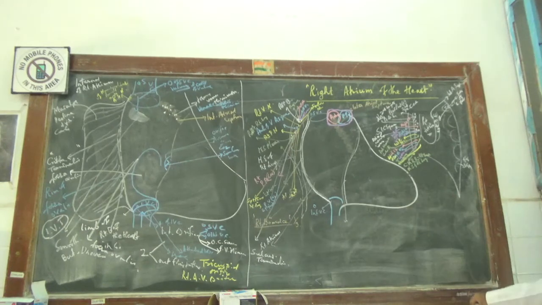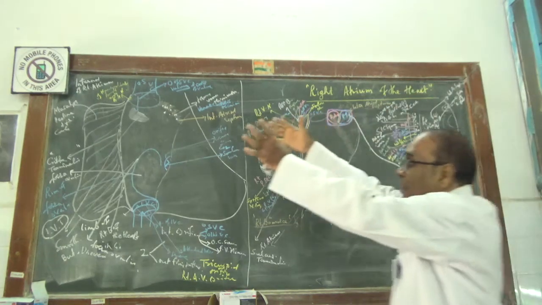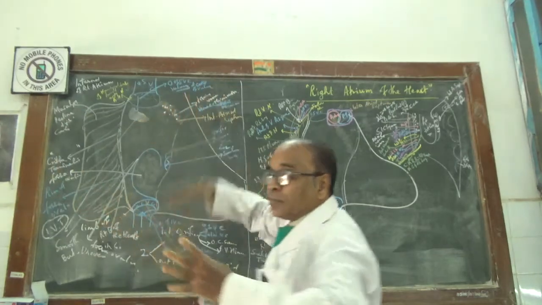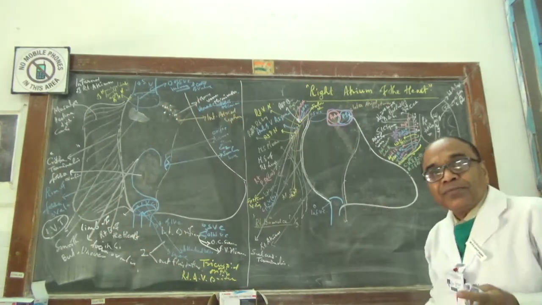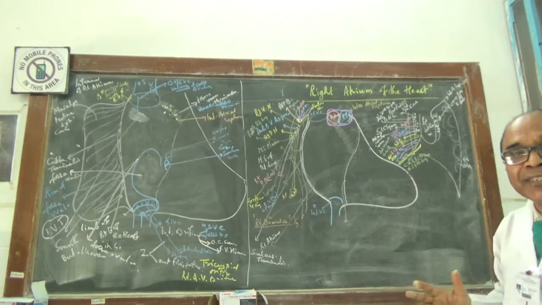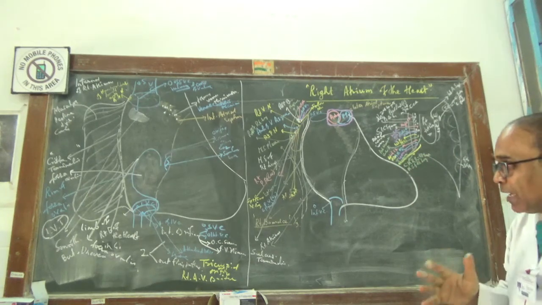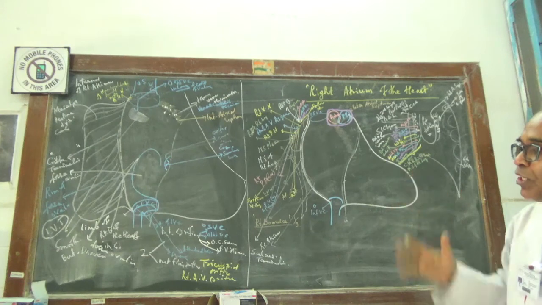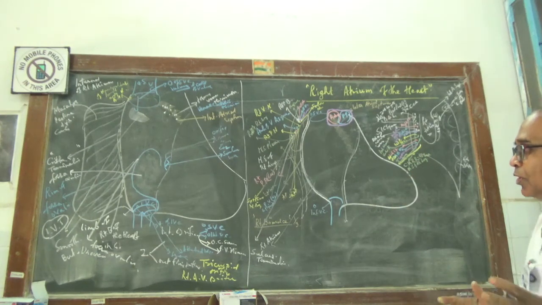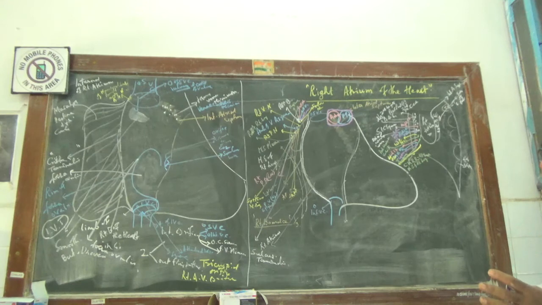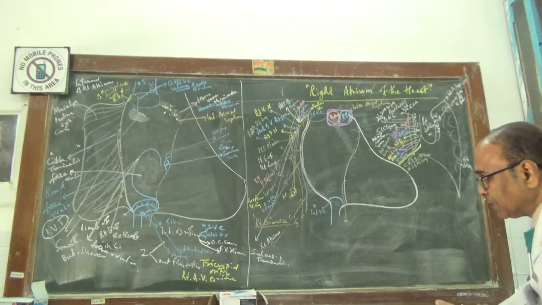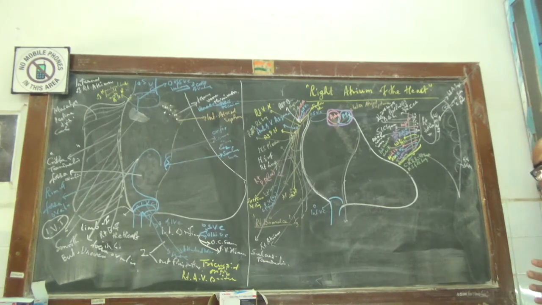Now, at atrial diastole, there will be a collection of deoxygenated blood from all sides via the inflowing orifices of the right atrium, that is the superior vena cava orifice, inferior vena cava orifice, coronary sinus orifice and foramina venarum minimorum, by the respective veins.